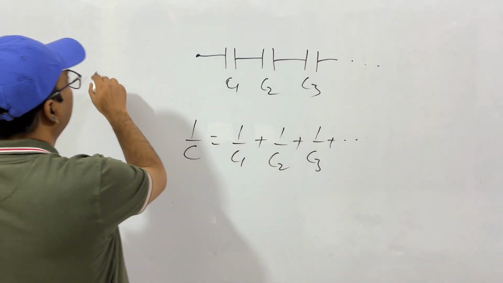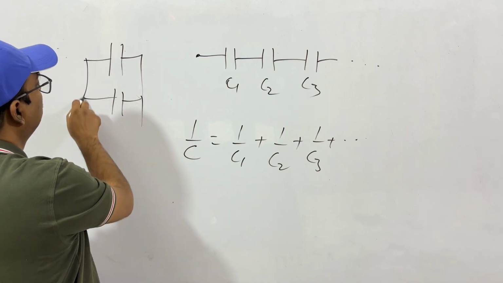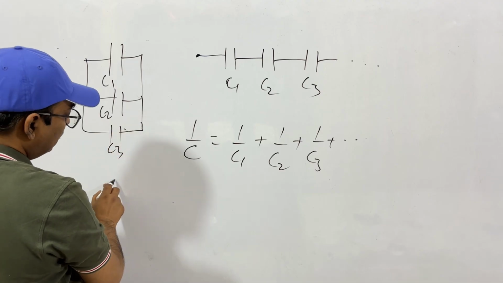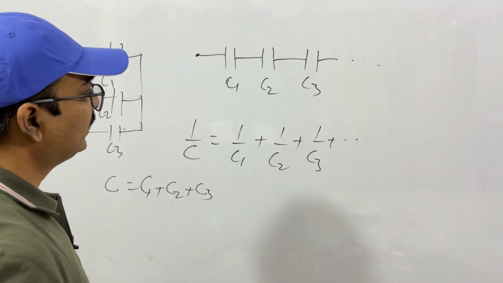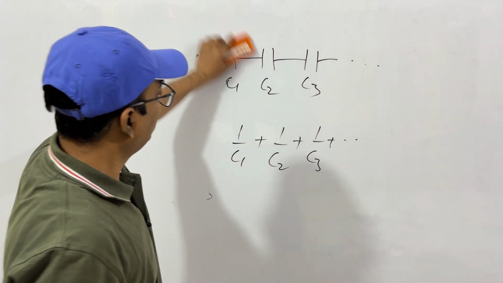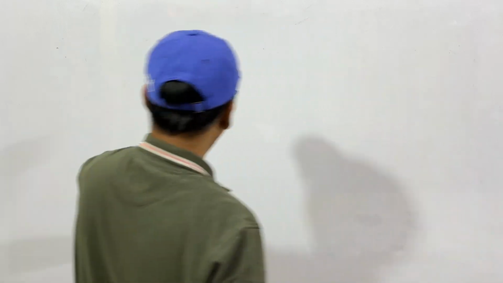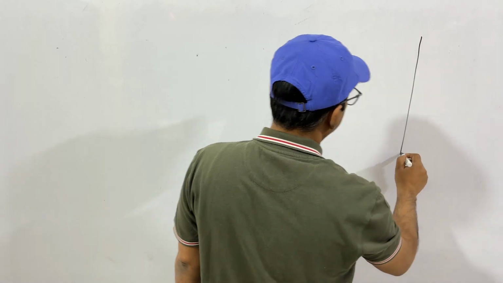And when we have capacitors connected in parallel like this, C1, C2, C3, equivalent capacitance is C1 plus C2 plus C3. This we have already read and we have solved some questions. What happens when a dielectric is filled inside a parallel plate capacitor? Let's see. This is a parallel plate capacitor.